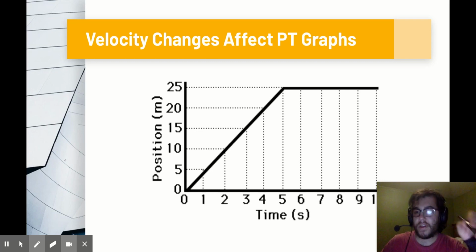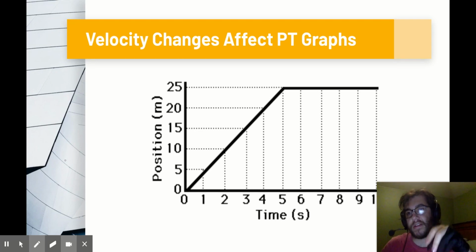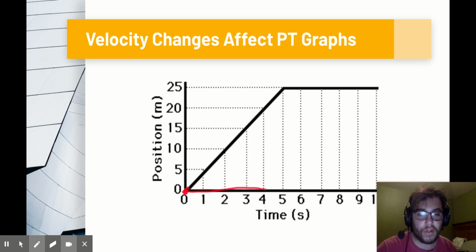We need to figure out how to analyze the PT graphs. First thing, when looking at this, if we want to calculate the velocity, we need to calculate slope. A lot of you already kind of understand this, so let's start at 0, and we're going to run until the velocity changes, which happens at 5 seconds.